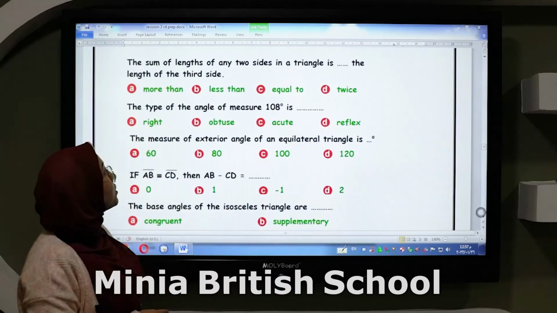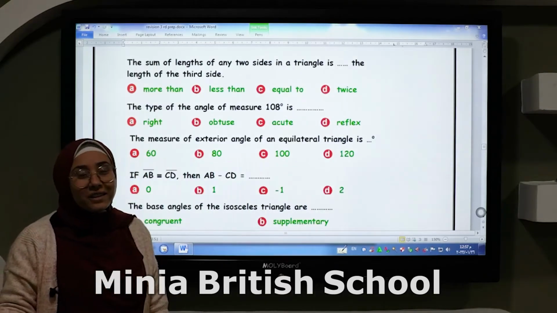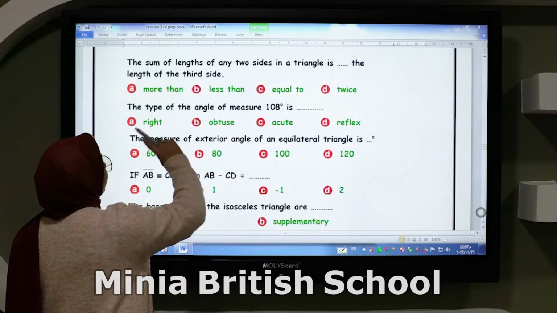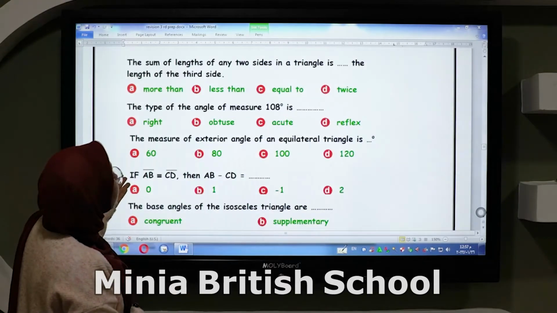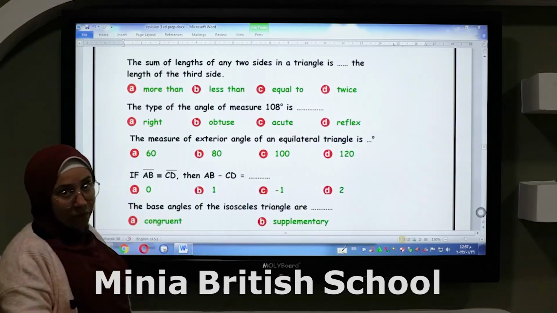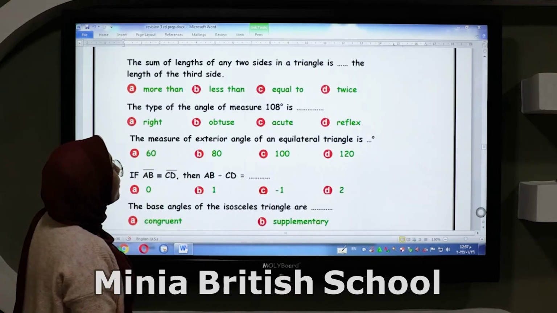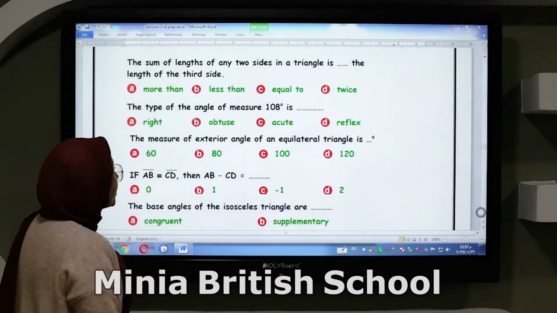The sum of lengths of any 2 sides in a triangle is greater than the third side. Greater than, okay? But here, not greater than, more than, the same meaning. The type of the angle of measure 108 is which type? Yes, obtuse.